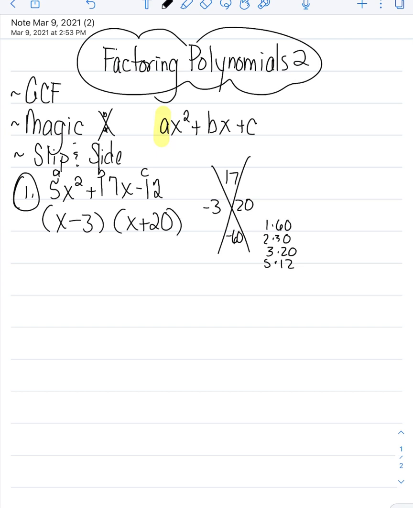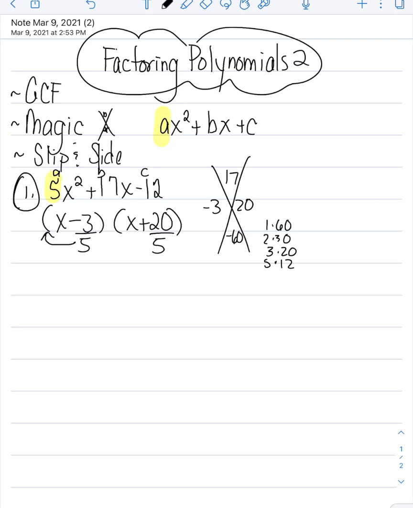But when I do my FOILs, you'll notice right on the first one, x times x is x squared. We need it to be 5x squared. So here's the slip and slide part. We're going to slip that 5 down here, divide everything by 5, and watch this. Here's the slide part.